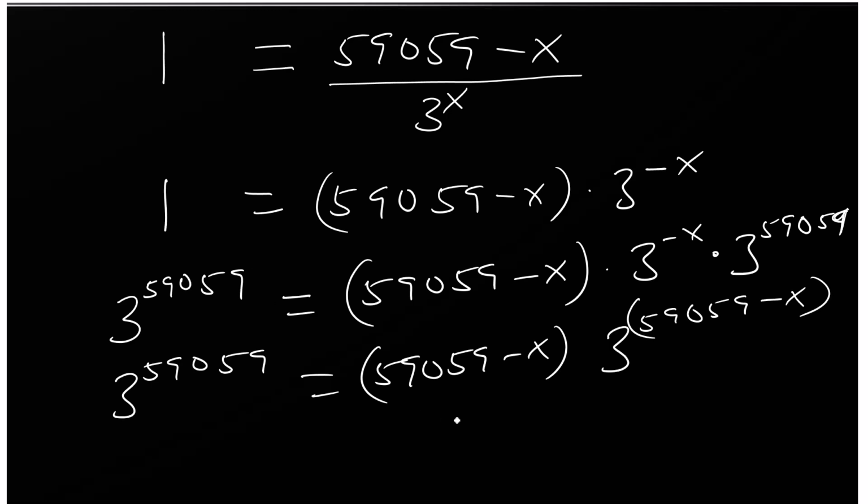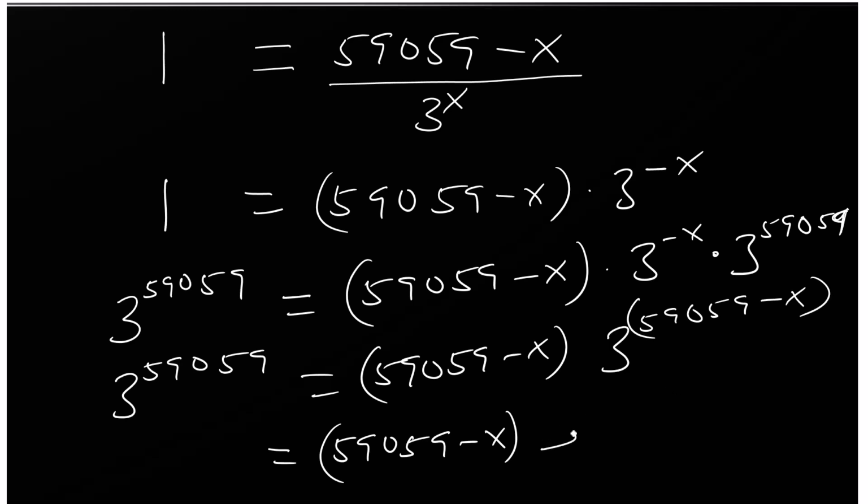Now from here, since W function of alpha e raised alpha is alpha, let's introduce the e here. So we have 59059 minus x.